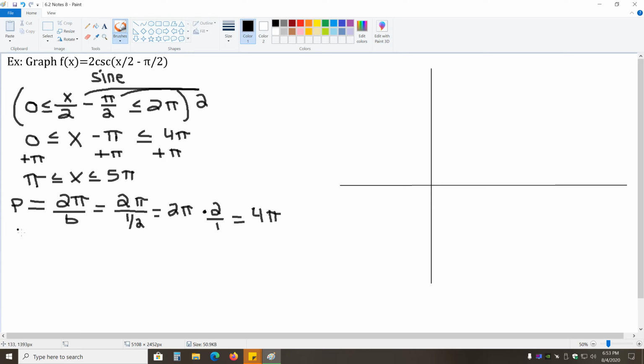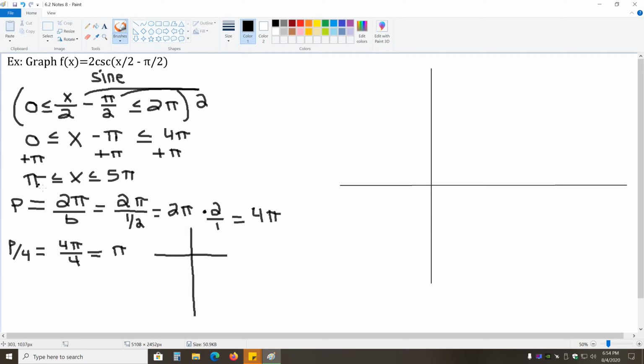Now that we have our period, we take P and divide it by 4, which gives us 4 pi over 4, meaning our period divided by 4 is pi. That's the value we're going to add 4 times to the start of our inequality. So we'll make our table.